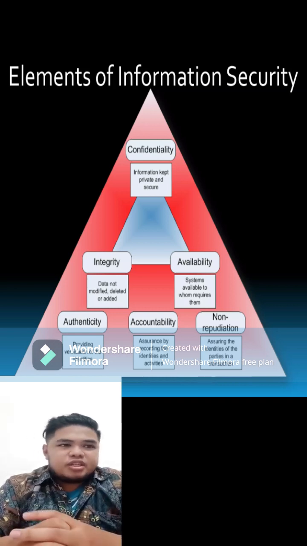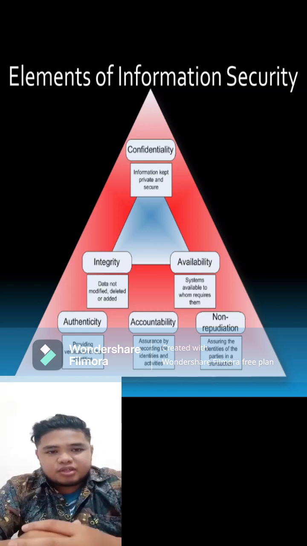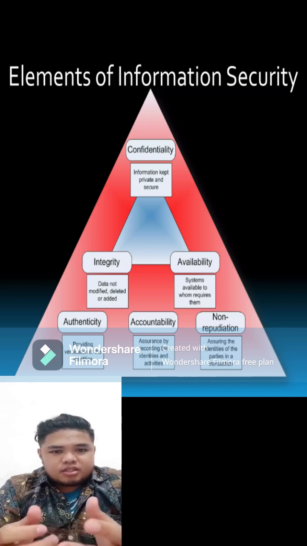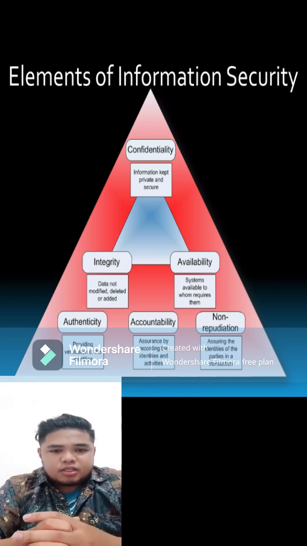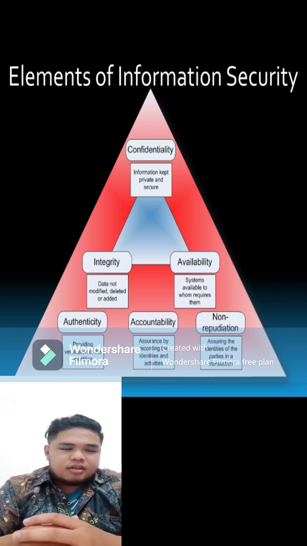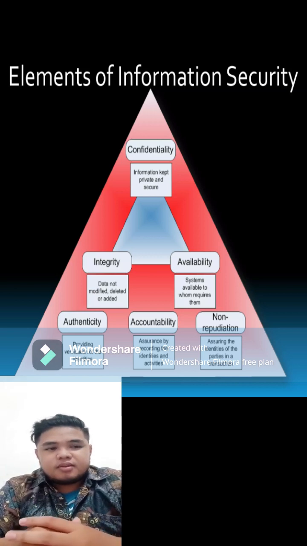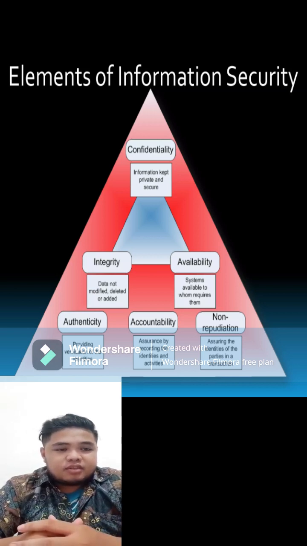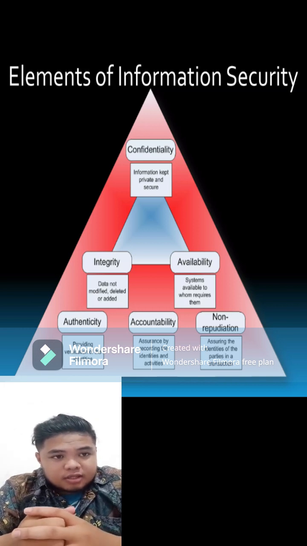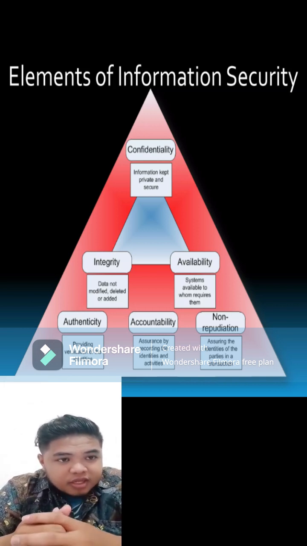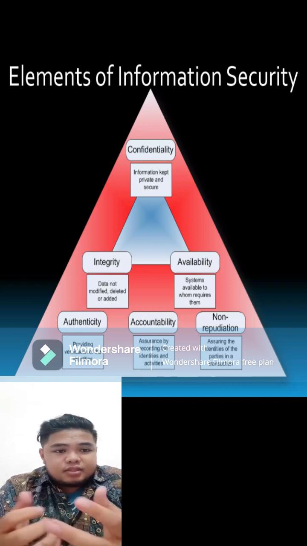So in the presentation, the elements of information security, there's a big triangle and a small triangle. It's more like the arc of the elements of information security. So there is confidentiality, which means information is kept private and secure.